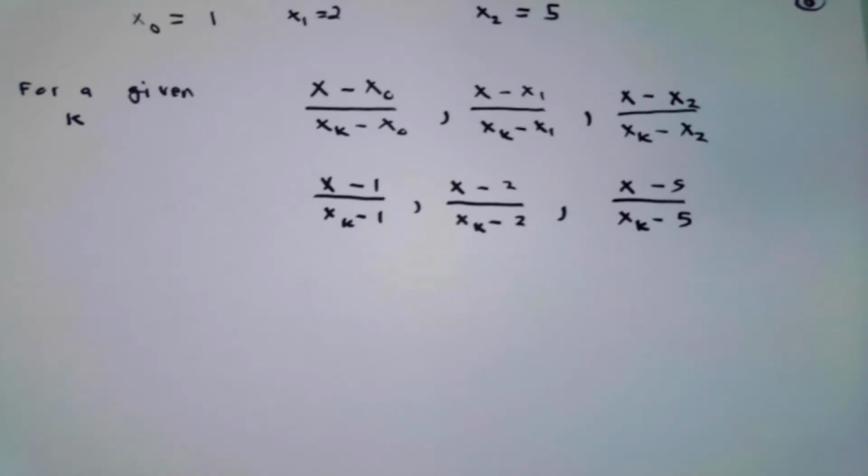For a given index k, you omit the factor that would cause division by 0, and putting in the values x0 equal 1, x1 equals 2, and x2 equal 5, we have the little factors that we will use to build the Lagrange polynomials.